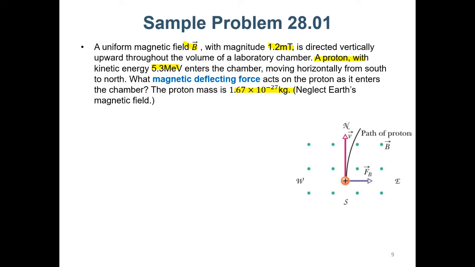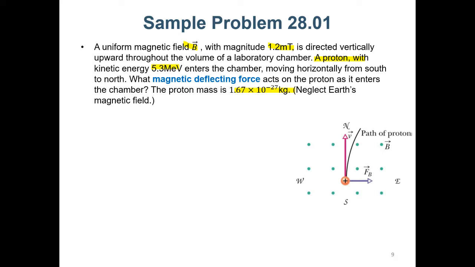You know that 1 eV means 1.6 times 10 to the minus 19 joule.